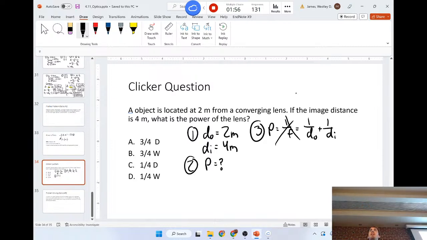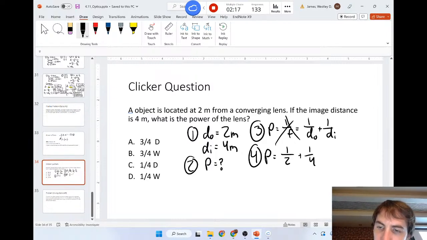Not us. We have object distance and image distance. So we just need to plug in 1 over 2 plus 1 over 4. If you did 1 over all that, you're finding the focal point. We don't want the focal point, we want the power. Power is 1 over the focal point. So power equals 1 over 2 plus 1 over 4, which equals 3/4.